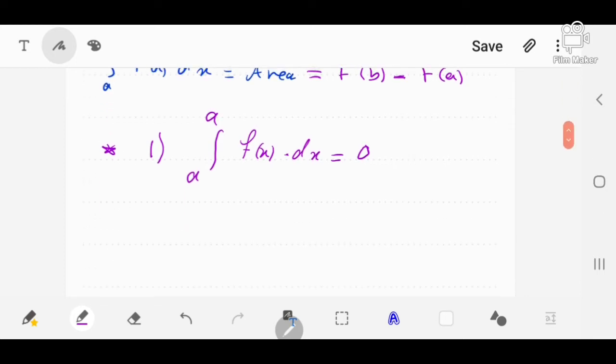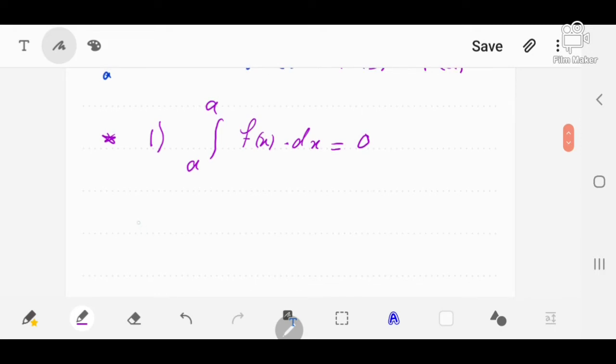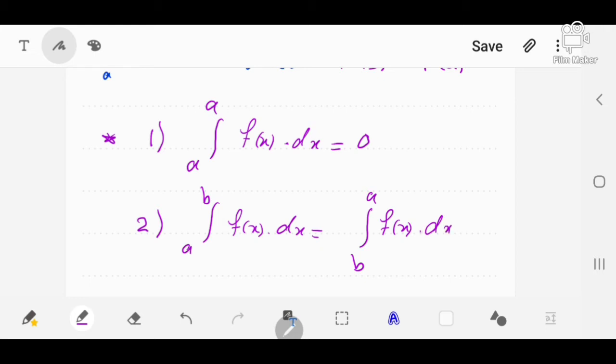Now, what is the second property here? The second property says the integration from a to b of any function is the same as the integration from b to a of the same function, but it should be negative.